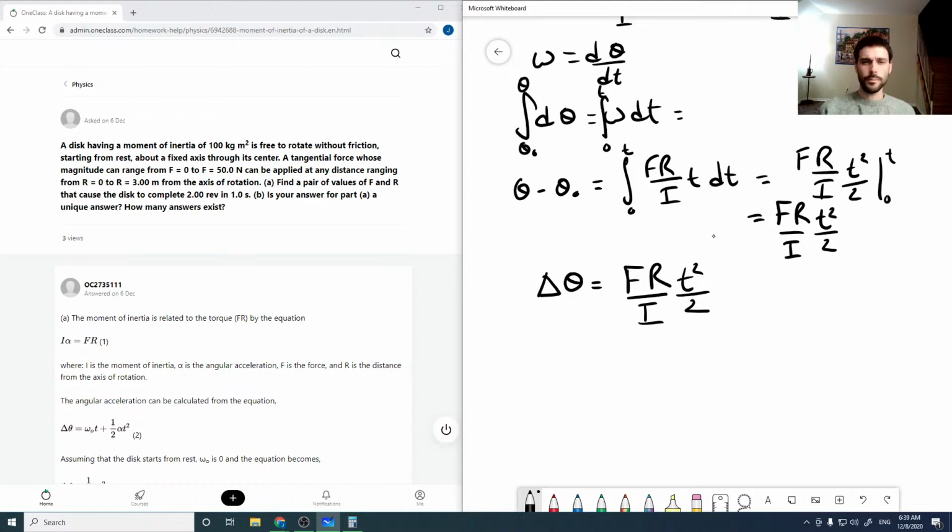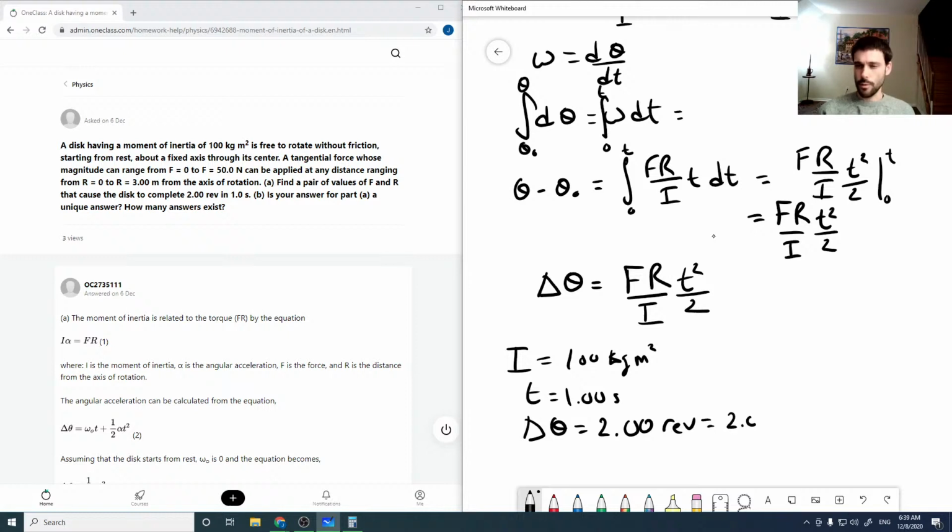Okay, so now we have everything we need. Just to reiterate, our I is 100 kilograms meters squared. Our t is 1 second. And our delta theta is 2.0 revolutions.